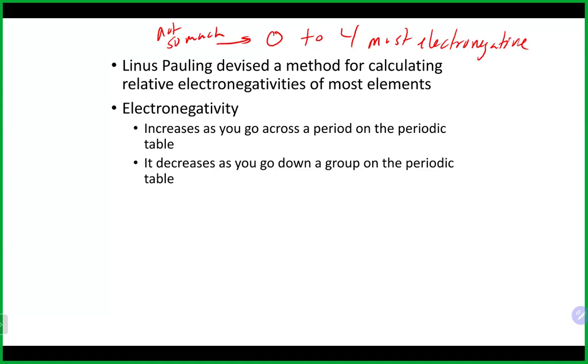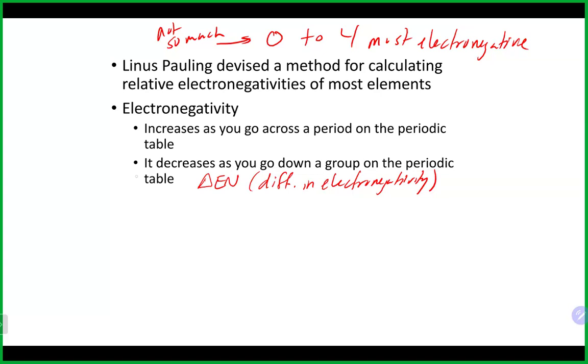So one of the things that we use to help us decide how the electrons are going to be shared is what is sometimes referred to as the difference in electronegativity, delta EN, and that's basically the difference in electronegativity values. If you calculate, between two atoms within a bond, their difference in electronegativity, that will help you determine what type of bond you're dealing with.